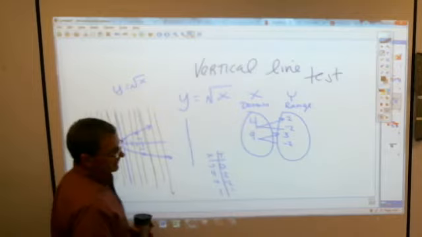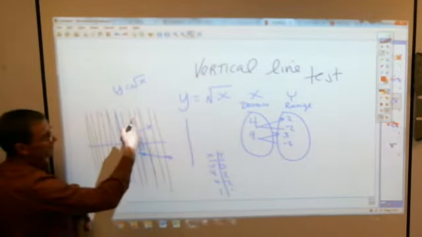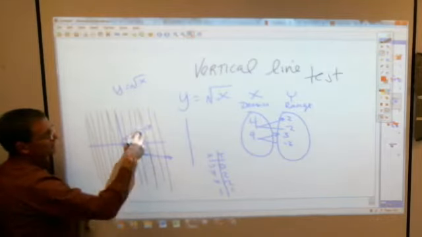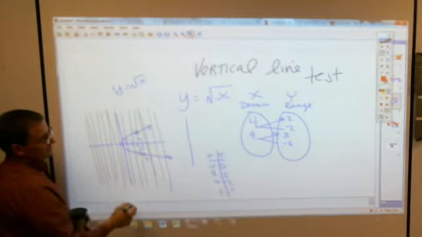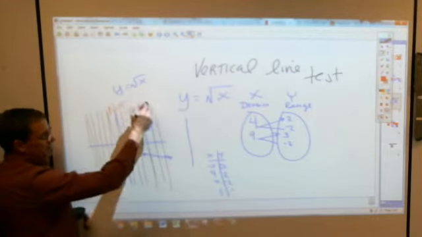If you look at what I got, I did a bunch of them that touch. See, this is not a function because if you look at this vertical line, it goes through the graph of my thing there and there. The vertical line test would say this is not a function.